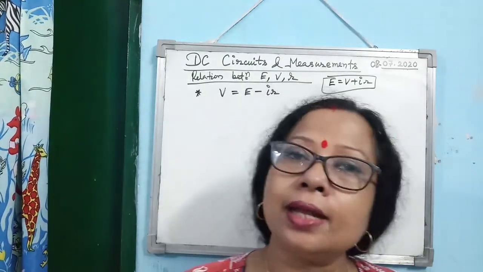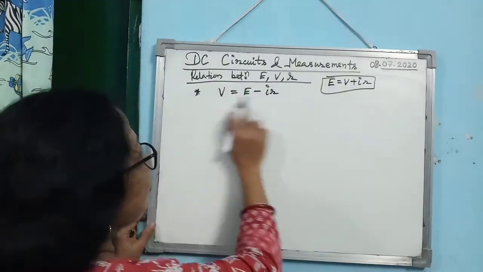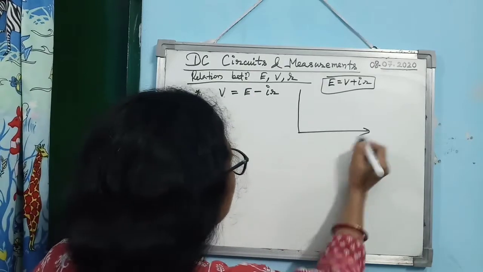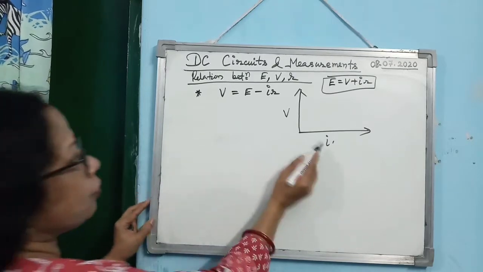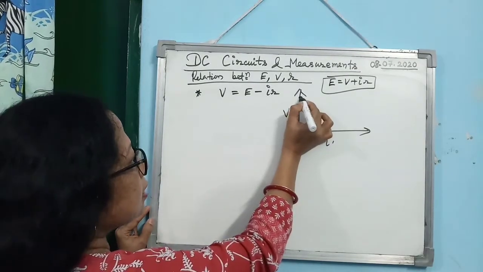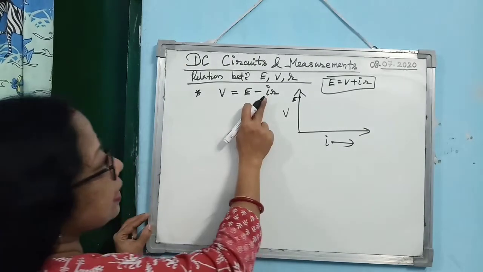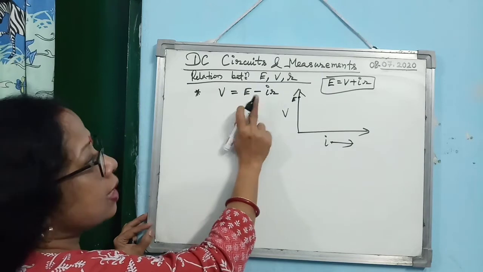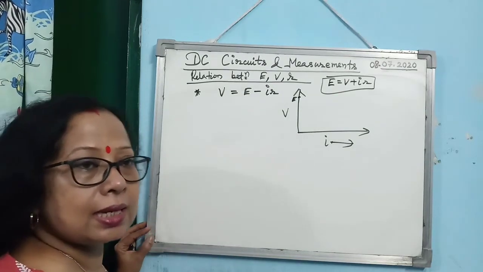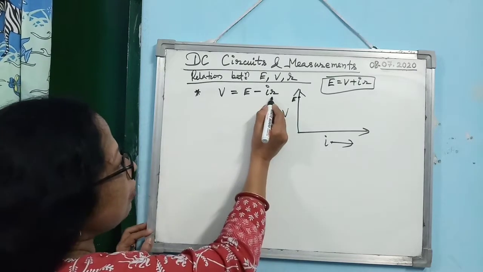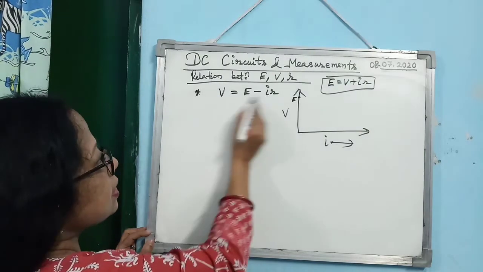So the V versus I graph, I hope you remember, is a straight line passing through the origin. But in this particular case, if you plot the V versus I graph, what is happening? When I is 0, then V is maximum, equal to E. Is that clear? Now if I increases, look at the expression E minus Ir. If the cell is giving you more current, the cell will draw more current, then what is happening to V?